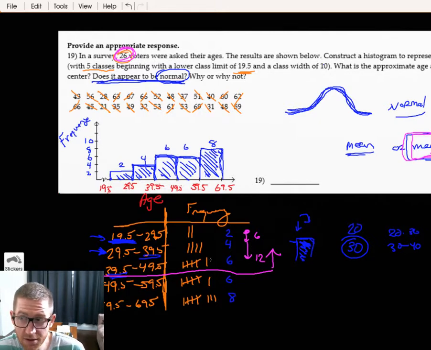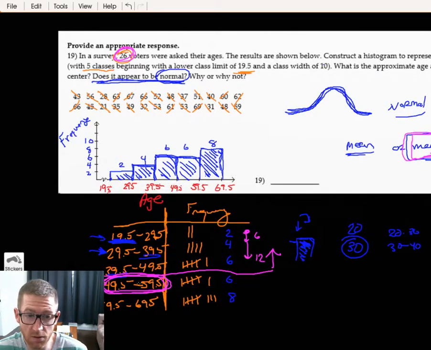That means the 13th vote and the 14th vote would fall somewhere in this class. Visually on the distribution table, it would be here, somewhere between 49.5 and 59.5.